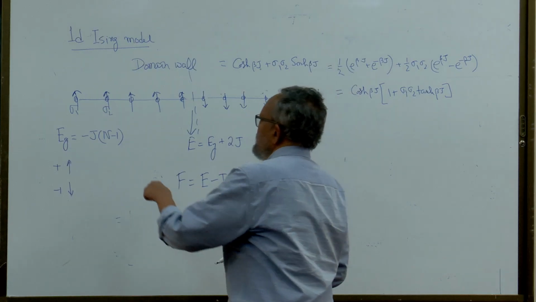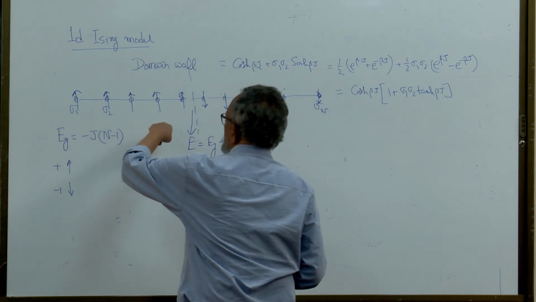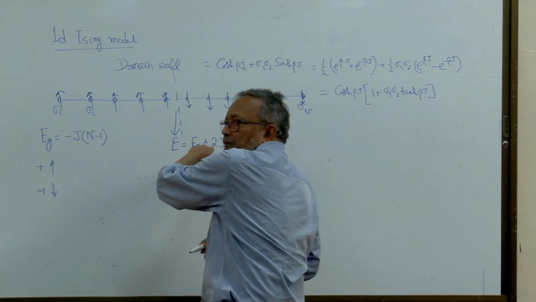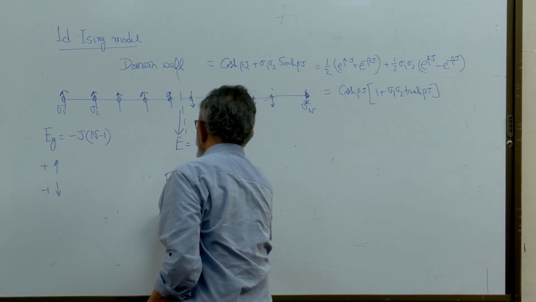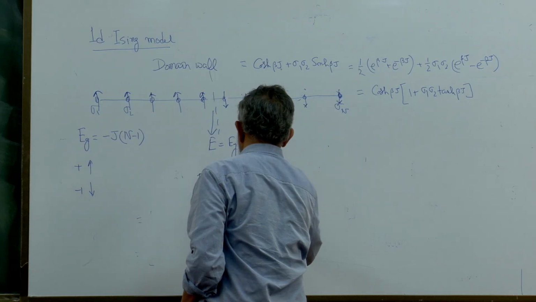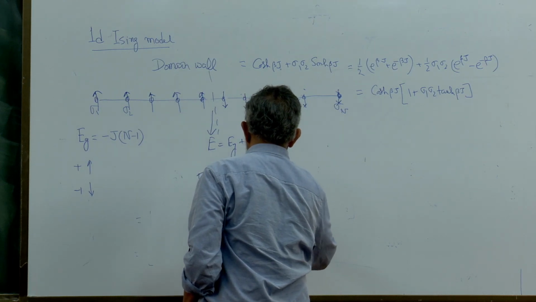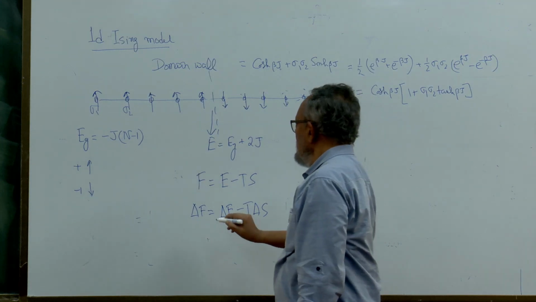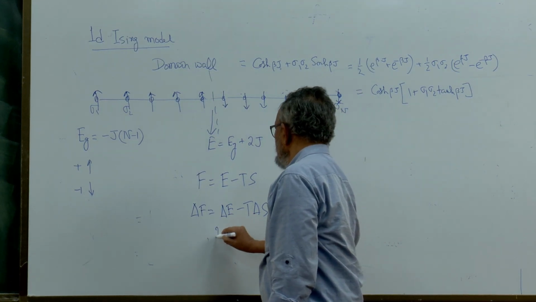As I'm going from the ground state to this set of excited states, energy is going up by 2J. Delta F is delta E minus T times delta S. Delta E is equal to 2J.